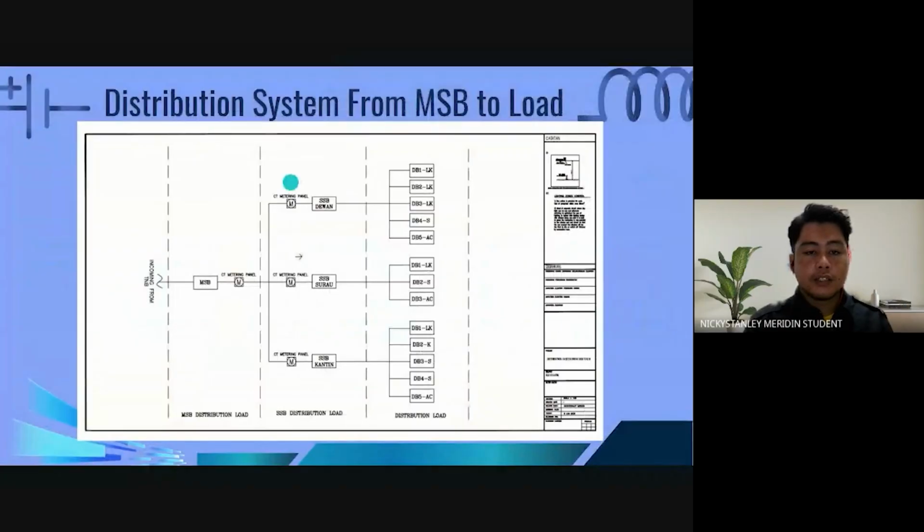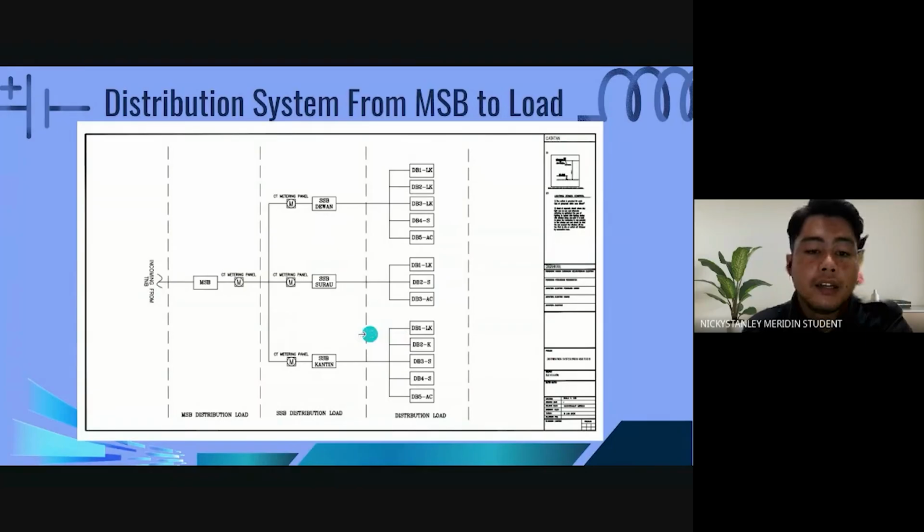So this is the distribution system from MSB to the load. As you can see here, the incoming from TNB will go through to the MSB and then divide into 3 SSBs. In our design, we have 3 SSBs, which are SSB Day 1, SSB Surau, and SSB Canteen. And then we go to the DB.